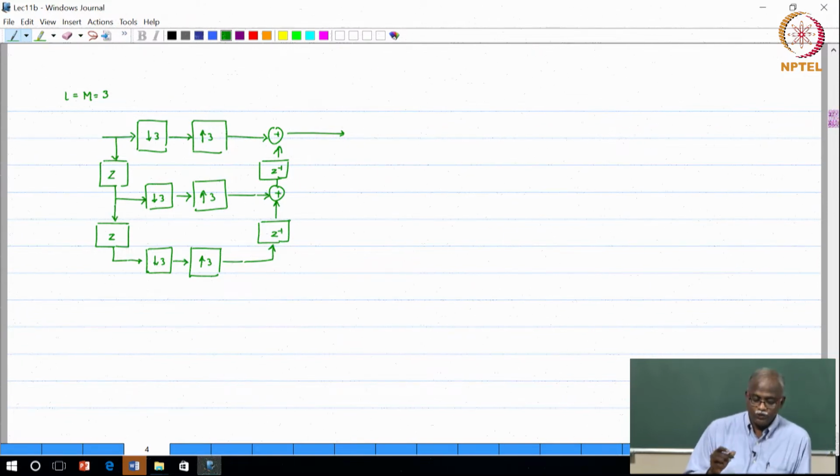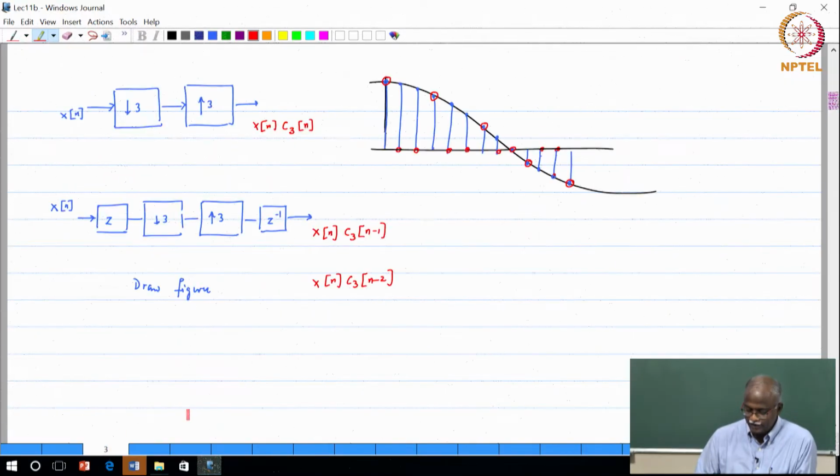Let us analyze what we have. Here is a system where there are 3 branches. This is a linear system, so I can break it up into 3 parallel things which are getting added. The first branch is downsampling by a factor of 3, upsampling by a factor of 3, which as we said in the previous case is x of n, C3 of n.